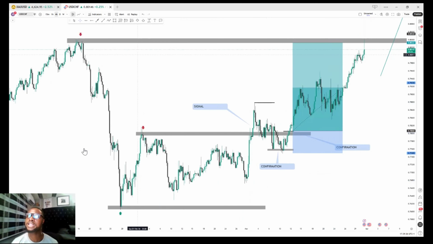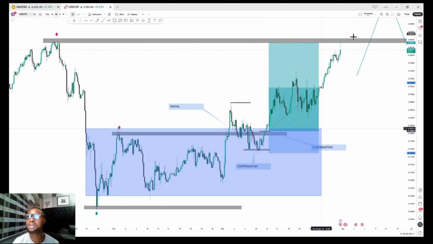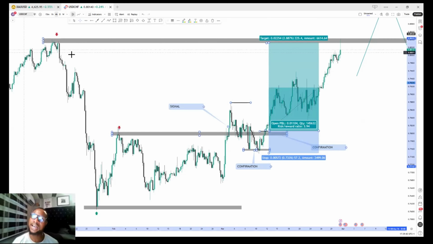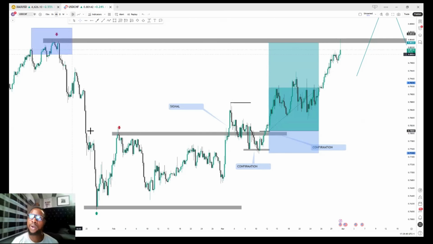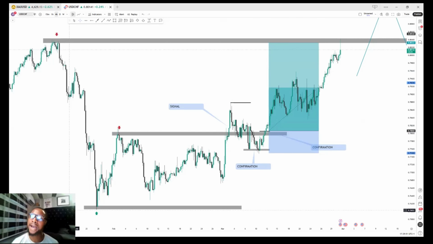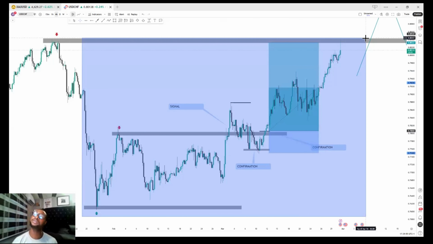Now, these buyers right here, they took all the orders, they're not taking it back to the sellers, right? When these sellers had the orders the first time, they were looking for buyers. So buyers bought all the orders. Now, buyers are not in control. Now, they take the price back to the sellers.